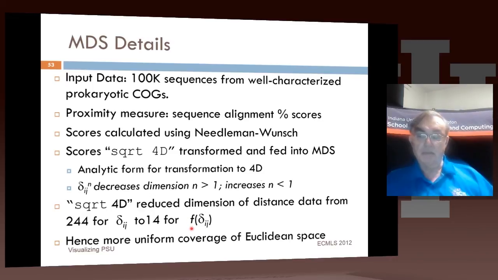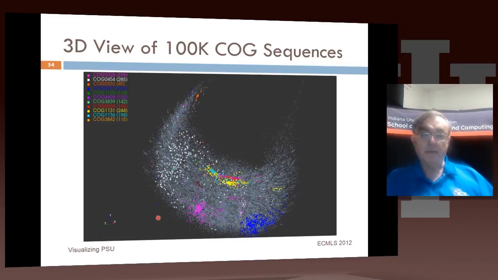If you look at the formal dimension of the distance data, for the raw data it's 244, and then the transformed data is 14. Then we take that data of dimension 14 and map it to an actual three-dimensional vector. So we keep going down, but 244 to 3 is a bigger step than 14 to 3. And you'll find that the resultant mapping more uniformly covers the Euclidean space if you do this.